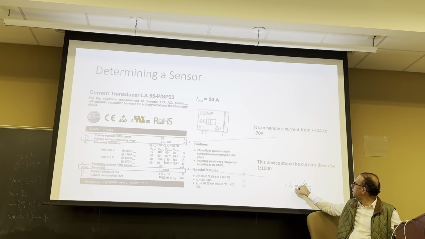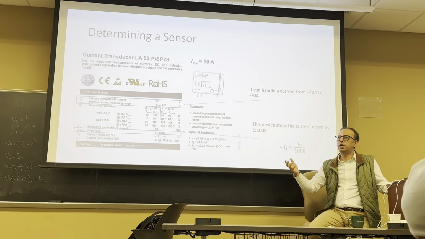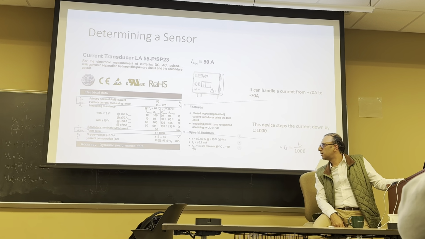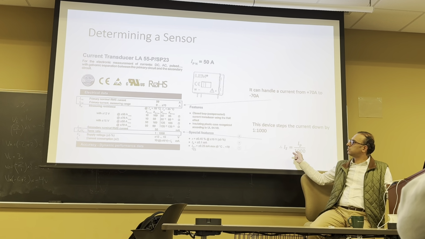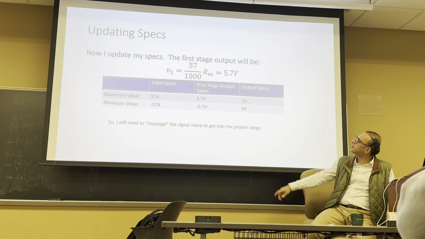For instance, if the primary is, let's say, 20 or 50 amps, the secondary, depending on what type of sensor you're picking, is now this value. And now times the R, basically what you get is this value.